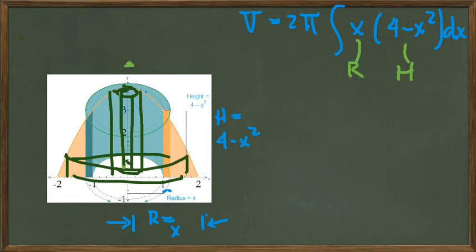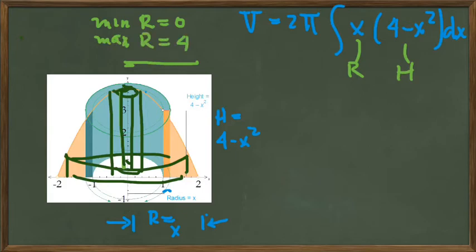We could have a can that has almost no radius. We'd have to start with the smallest can that fits inside here, and then the radii get bigger and bigger and bigger till they go all the way out to here. So the minimum radius is 0 and the maximum radius is 4.